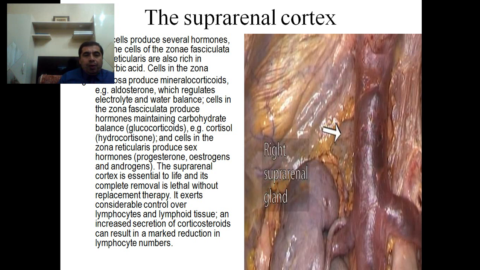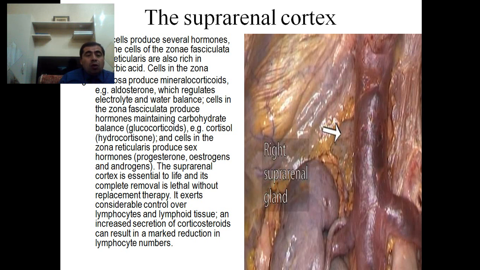Cells in the zona glomerulosa produce mineralocorticoids, for example aldosterone, which regulates the electrolyte and water balance. Cells in the zona fasciculata produce hormones maintaining the carbohydrate balance, for example glucocorticoids, cortisol, hydrocortisone, and the cells in the zona reticularis produce sex hormones like progesterone, estrogens, and androgens.